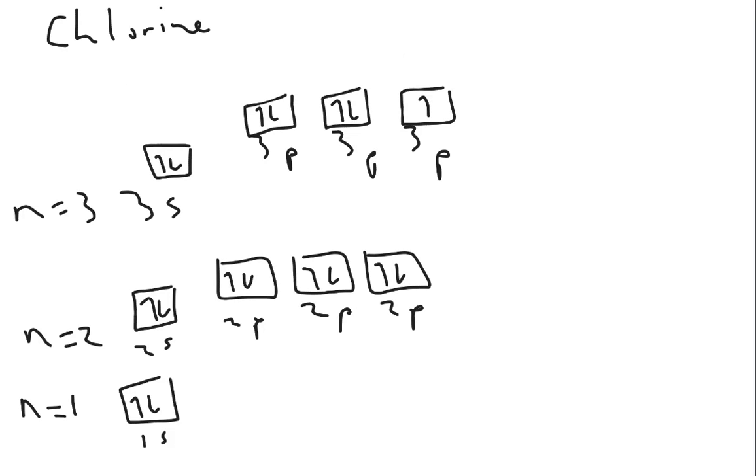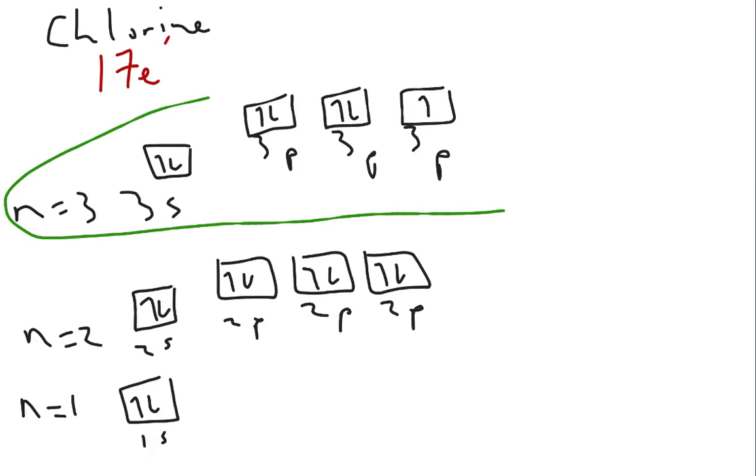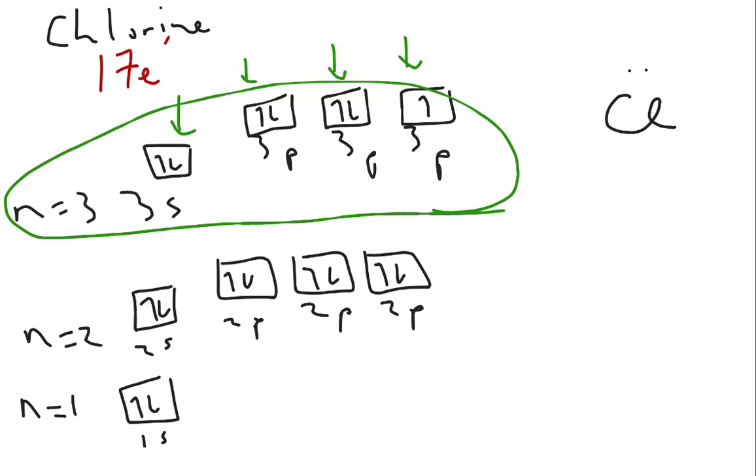And we can see this in an orbital diagram with chlorine. Chlorine has 7 valence electrons. We know that its outer shell is the n equals 3 shell. All of these electrons contribute to the valence electrons. So chlorine has 2, 4, 6, 7. We can redraw chlorine like this, and that's why we put those dots around it.